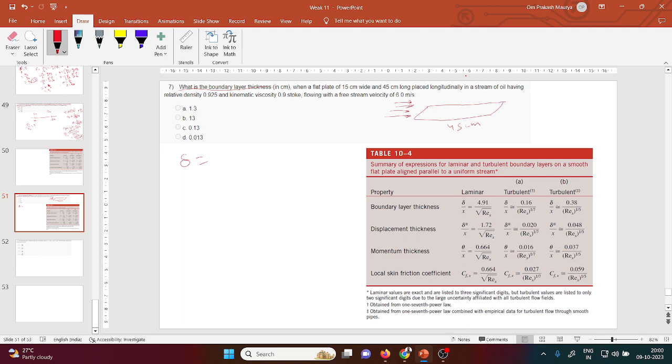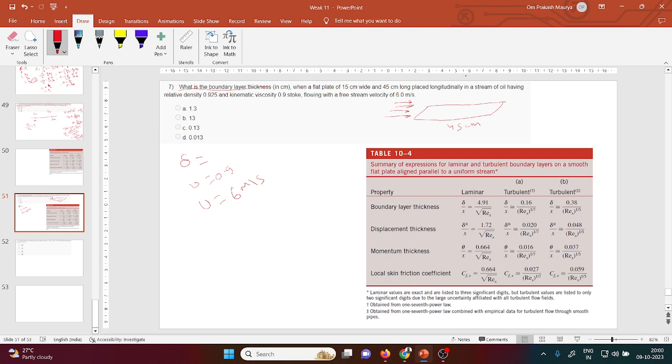The density of the fluid is given, the kinematic viscosity is given as 0.9, and the free stream velocity U is given as 6 meter per second.